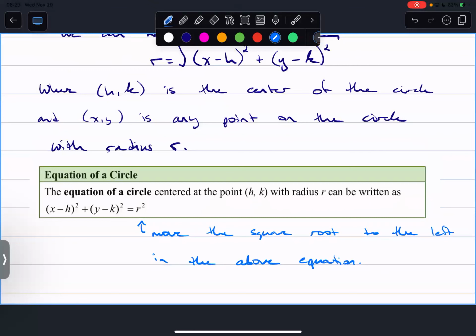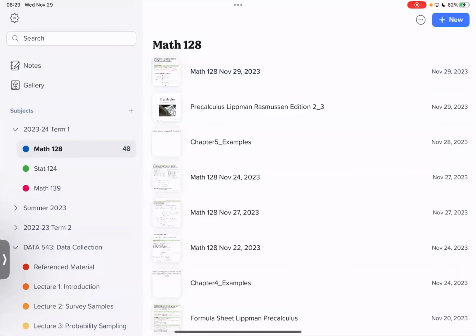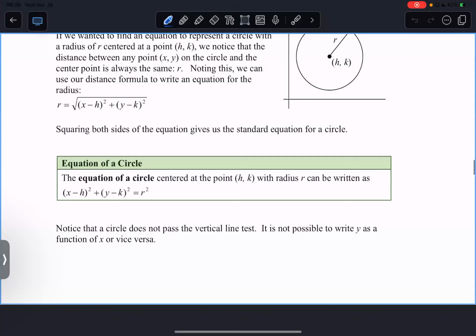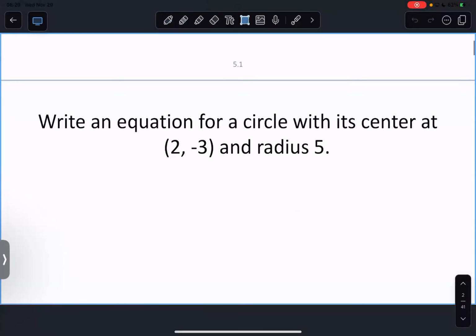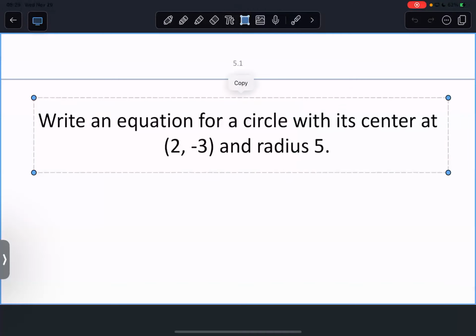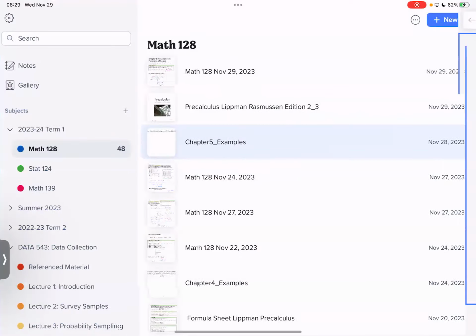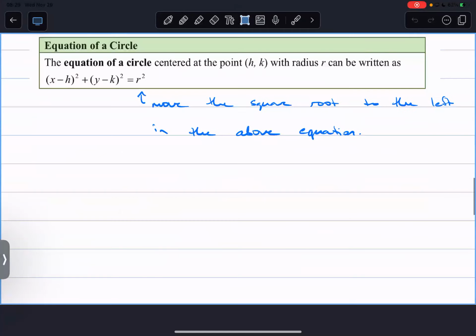So now we have an equation of a circle. Let's write an equation for a circle.